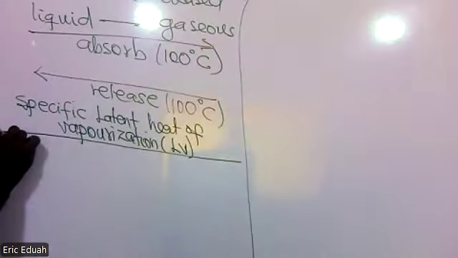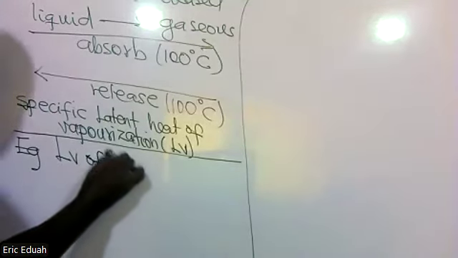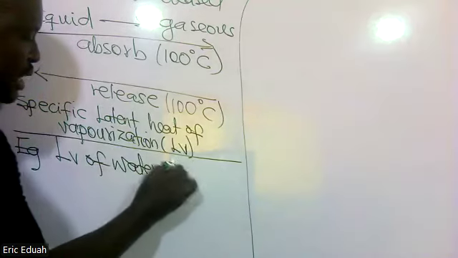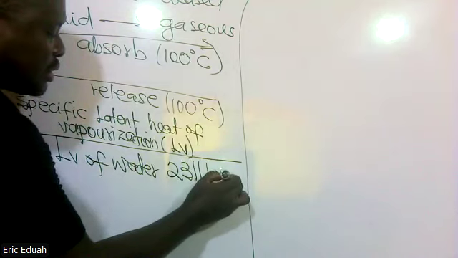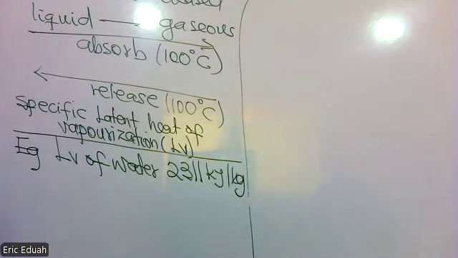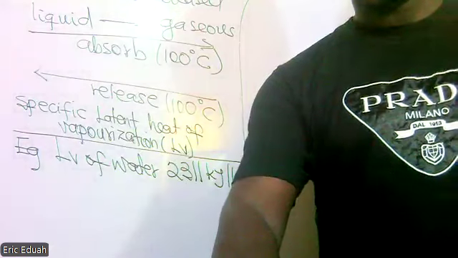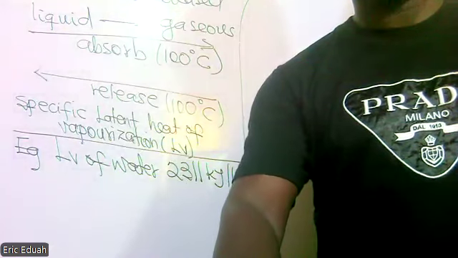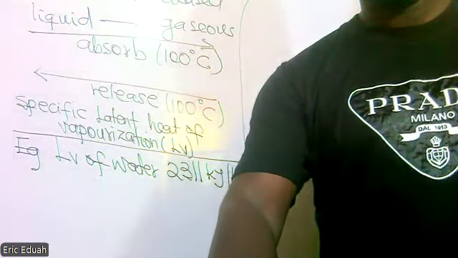So Lv of water, 2,311 kilojoules per kilogram. What does this statement mean? That the specific latent heat of vaporization of water is 2,311. Can somebody tell us what this statement actually means?